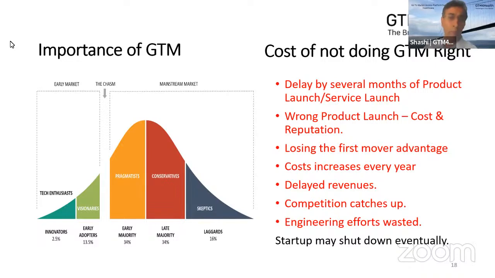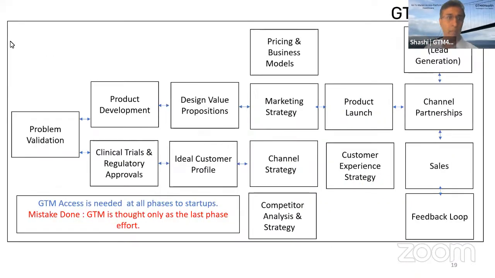You can't keep on pumping money or something. So that's what happens. They will be in a zombie state and then they shut down. Most times it's attributed to, oh, we didn't get funding and that's why we shut down. But having seen hundreds of them, I can tell you, having run also, that it's mostly because of the foundation issues of problem validation, value proposition, or go-to-market. That is the reason, actually.